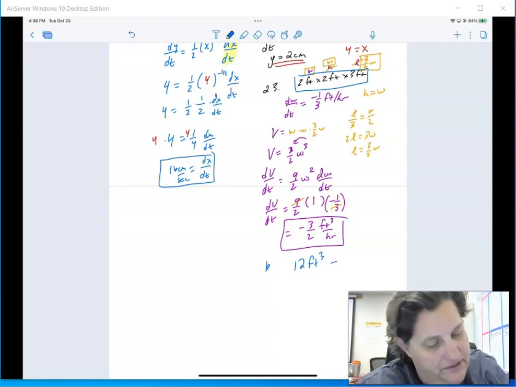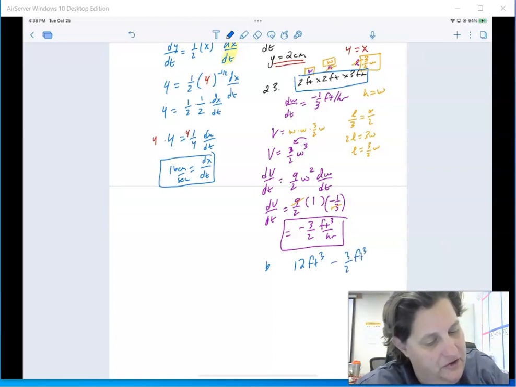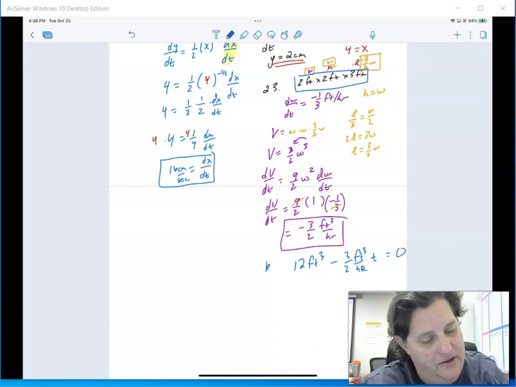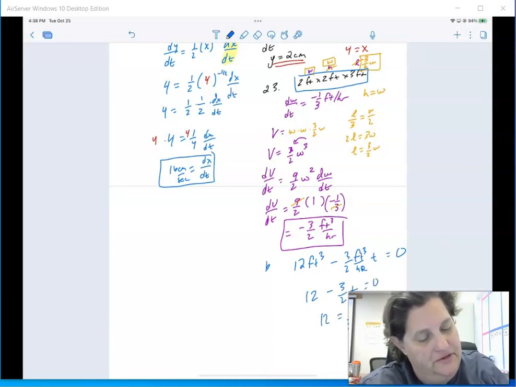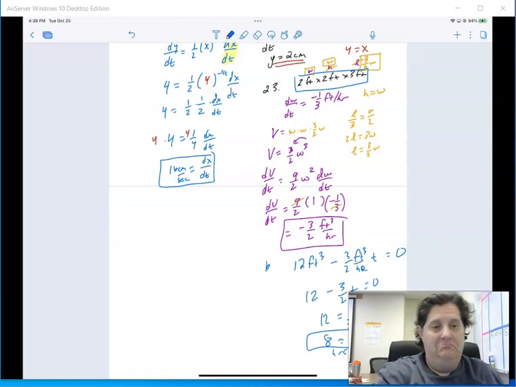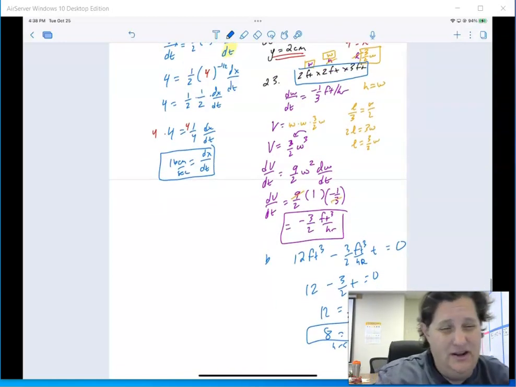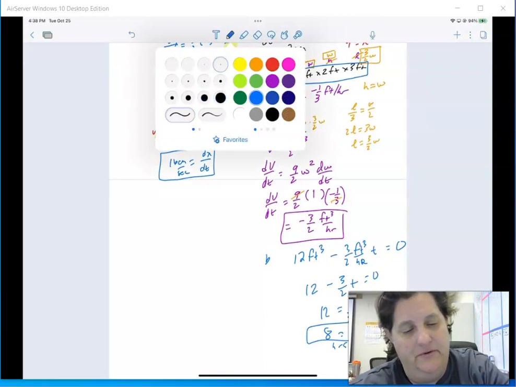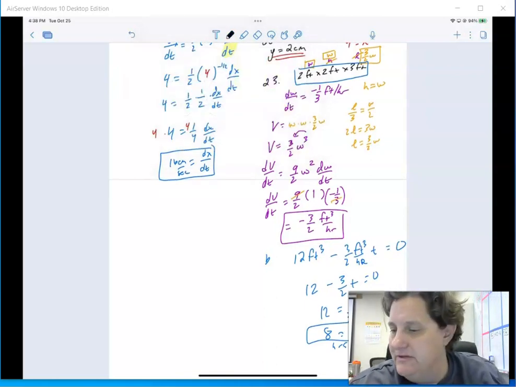And if I'm losing 3 over 2 feet cubed per hour times time, and I want that to go to 0, if I get rid of the units, when does 12 equal 3 over 2 t? Probably at 8. It would take 8 hours at that rate to melt all the way. Interesting question. Little too difficult for what we're doing right now, but hopefully that all made sense to you.